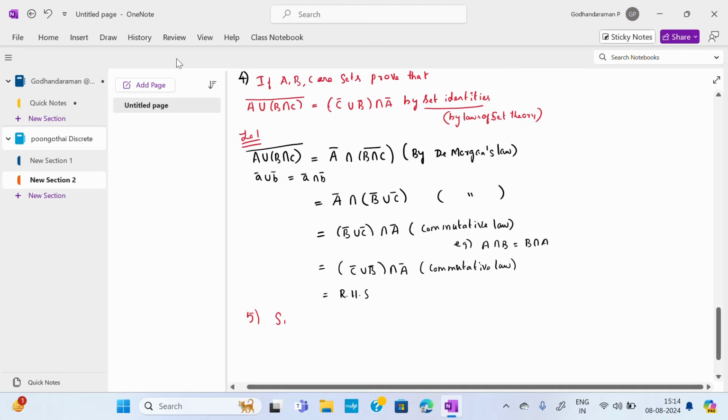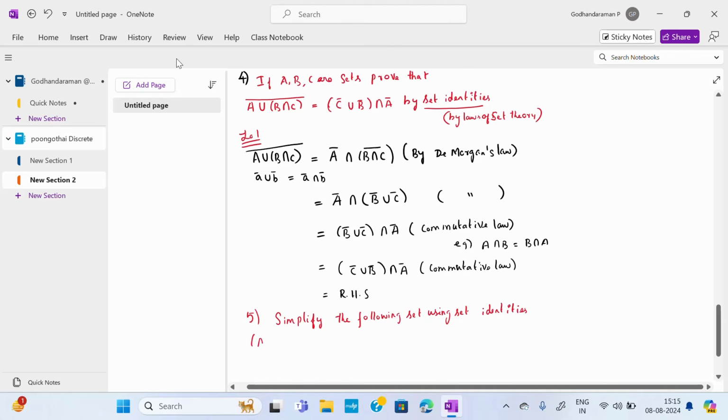Simplify the following sets using set identities.